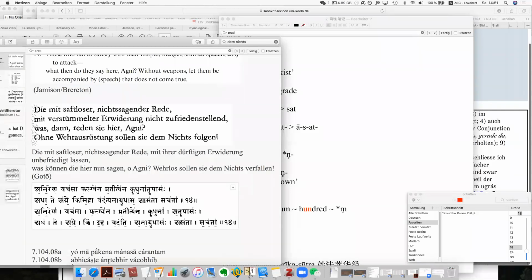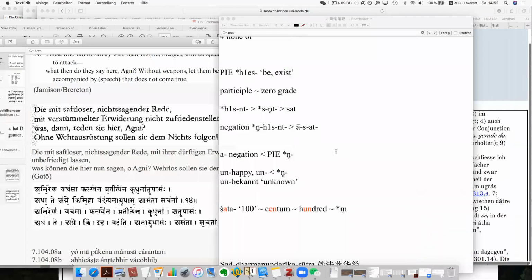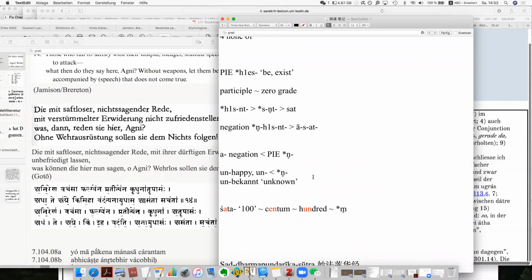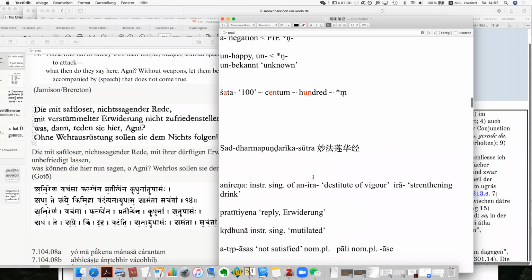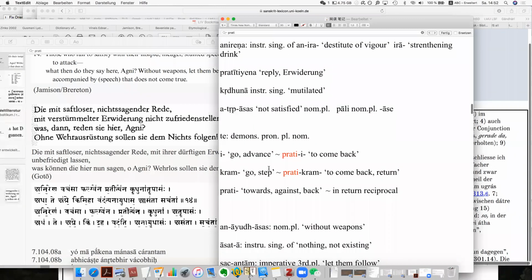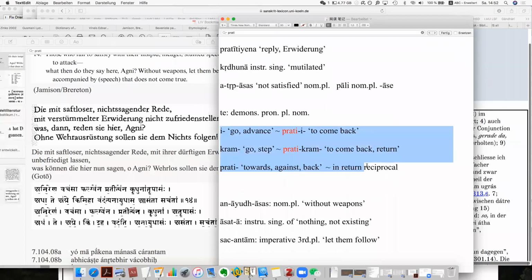So you can see that in the time of the pada-pata, they already couldn't understand why it should be a long a. They had no idea of laryngeals, of course. Then we explained the verses, and also checked other examples containing this prati.